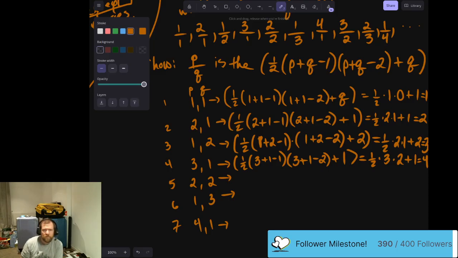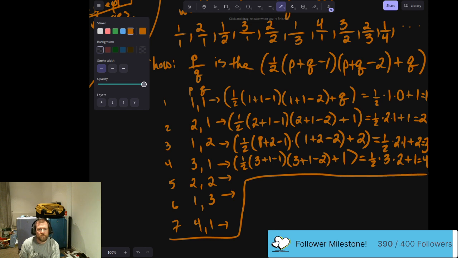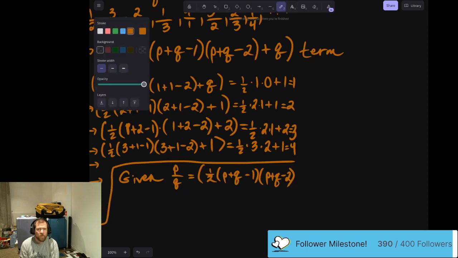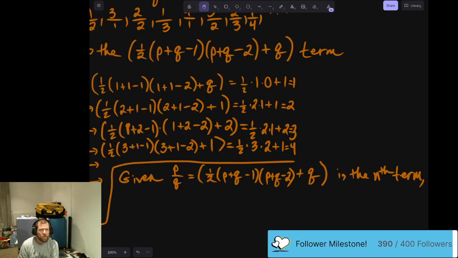So if we are to do this in general, given P plus Q minus 1 times P plus Q minus 2 minus Q, or not, plus Q. We have a few different ways that this could go.